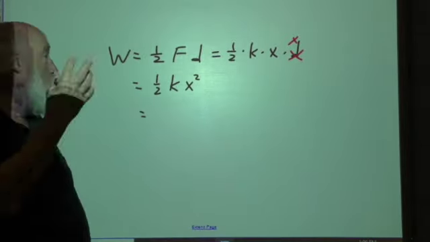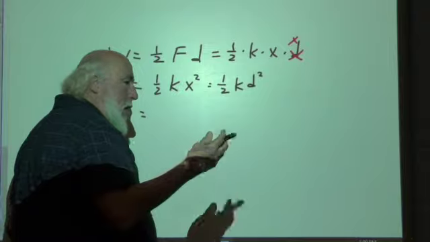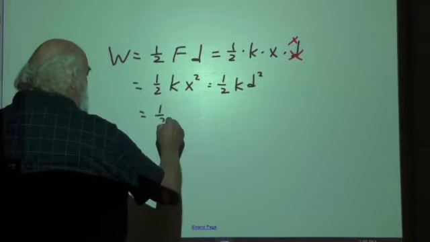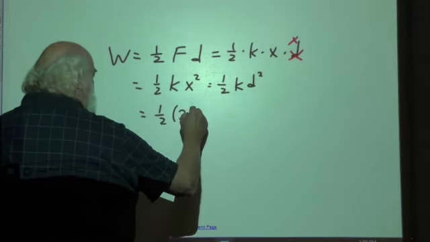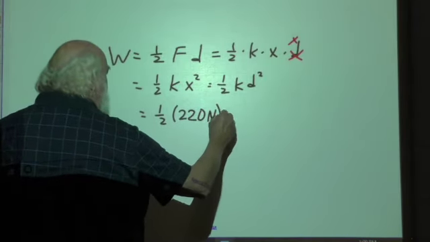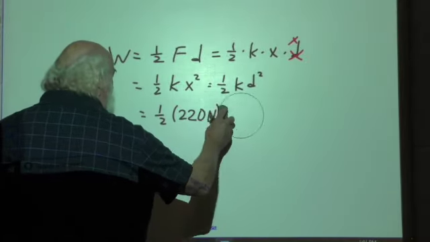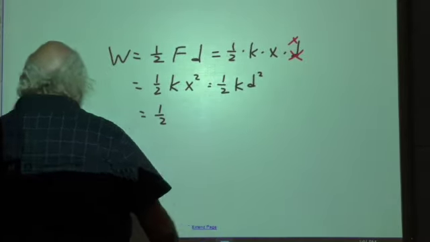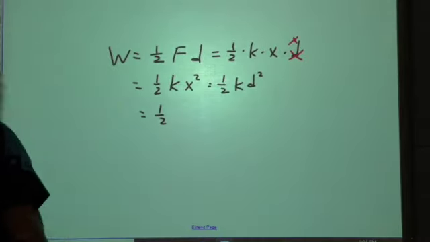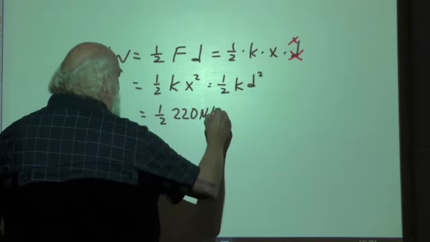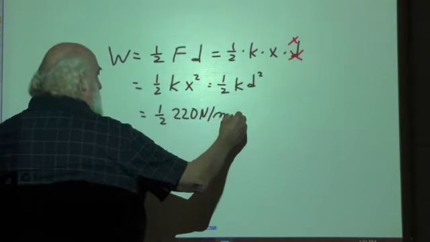Or if you prefer the D, which is fine, I really don't have an issue with that, 1/2 K times D squared. Either way is fine. So when we plug this in, we get 1/2 times the K value, which we said was 220 newtons per meter, times X squared.